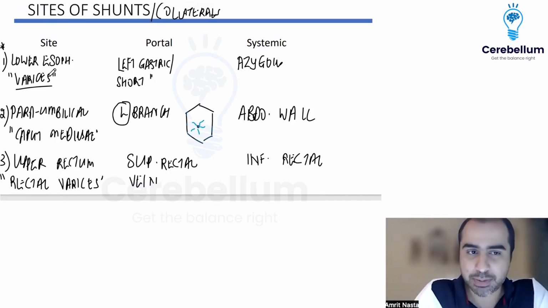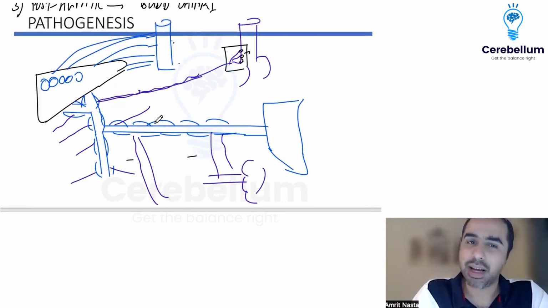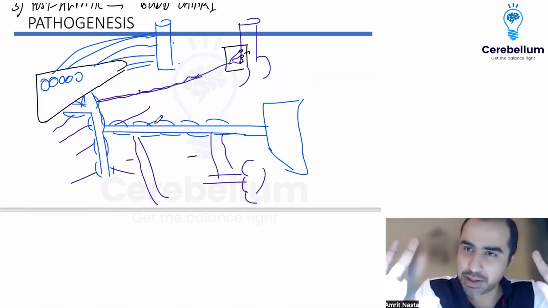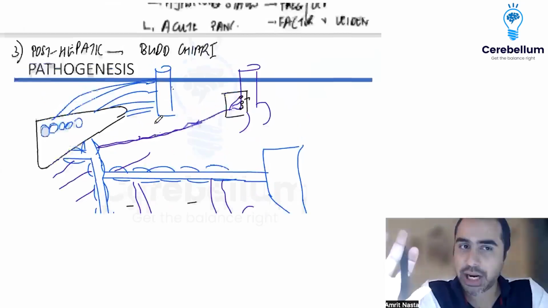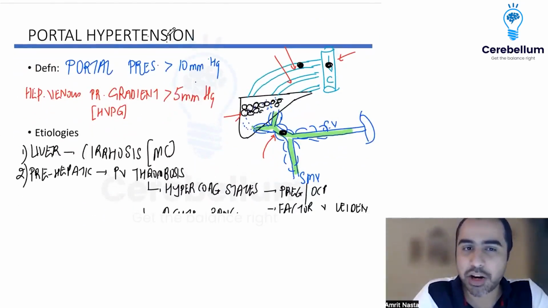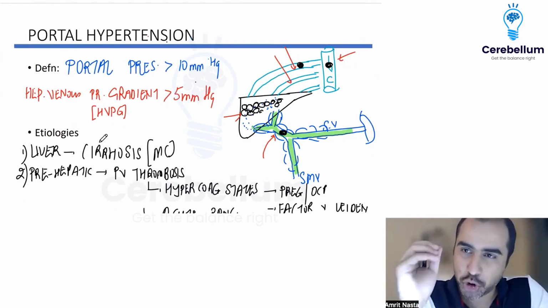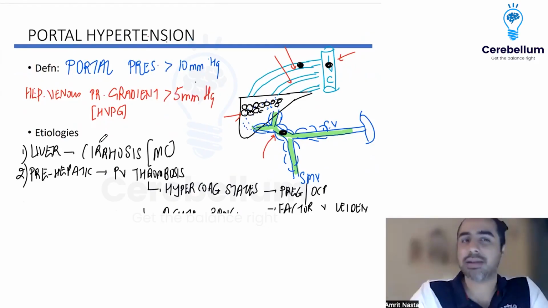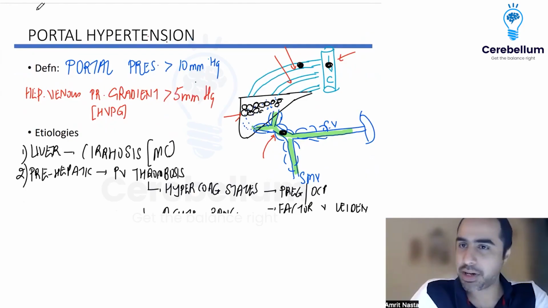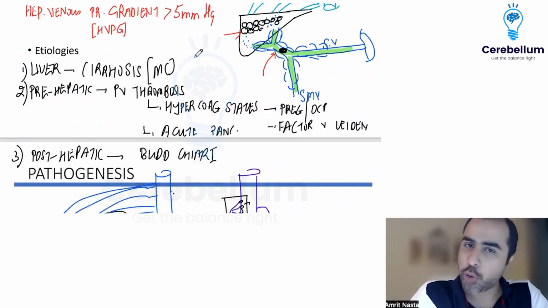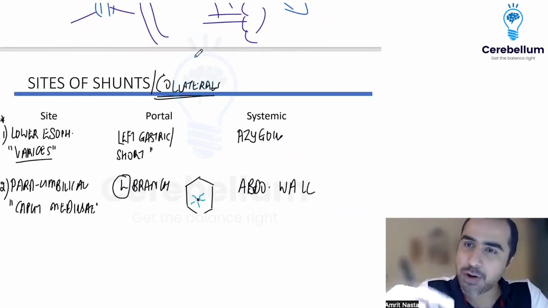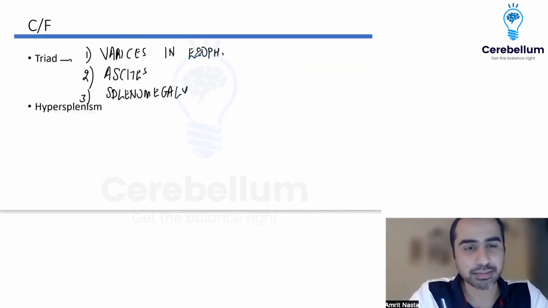Because if any of this is present, that means the person is having collaterals. If he has collaterals, he has portal hypertension. Do you understand? So I don't need to measure any of this to tell he has portal hypertension. I just need to show he has collaterals. If he has collaterals of portal vein, he has portal hypertension. Otherwise, why should he have collaterals? Okay, you can use Doppler, but it's not to confirm portal hypertension. It is for some other reason.